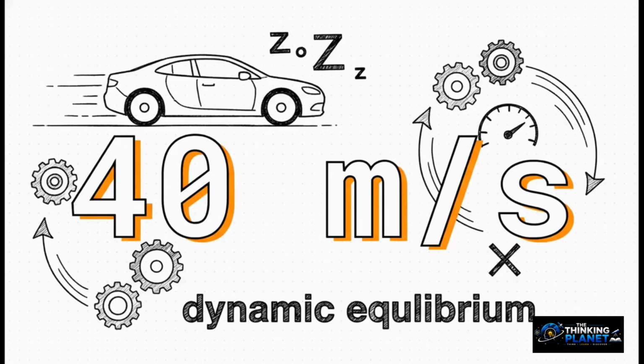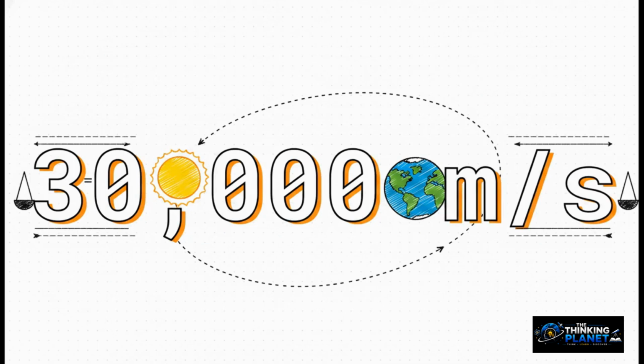Imagine a car driving down a perfectly straight road at a uniform 40 meters per second. Because that speed is unchanging, the acceleration is zero. So despite flying down the highway, the total net force on that car is zero. It is in perfect dynamic equilibrium. Let's scale this up to the macro level. 30,000 meters per second is the staggering, uniform velocity at which the Earth moves in its orbit around the Sun.